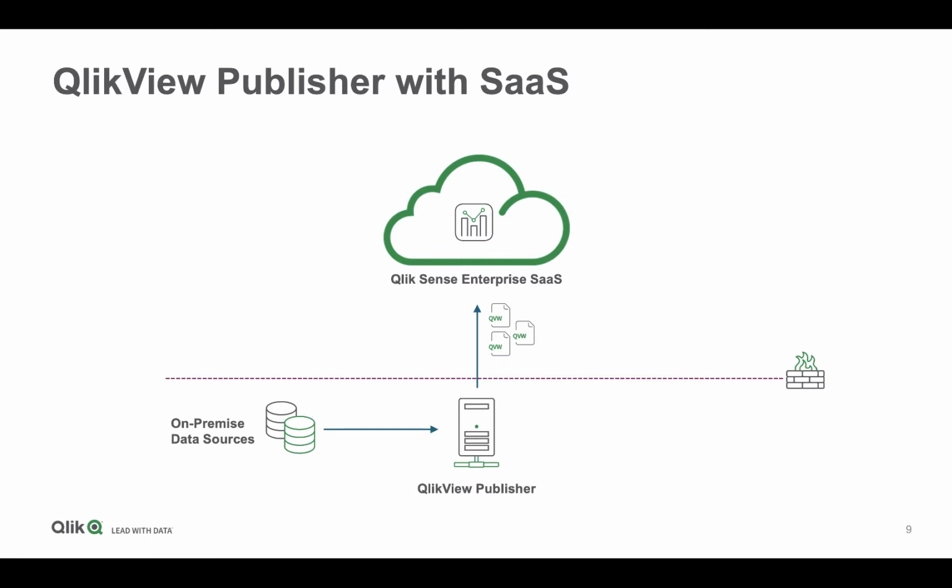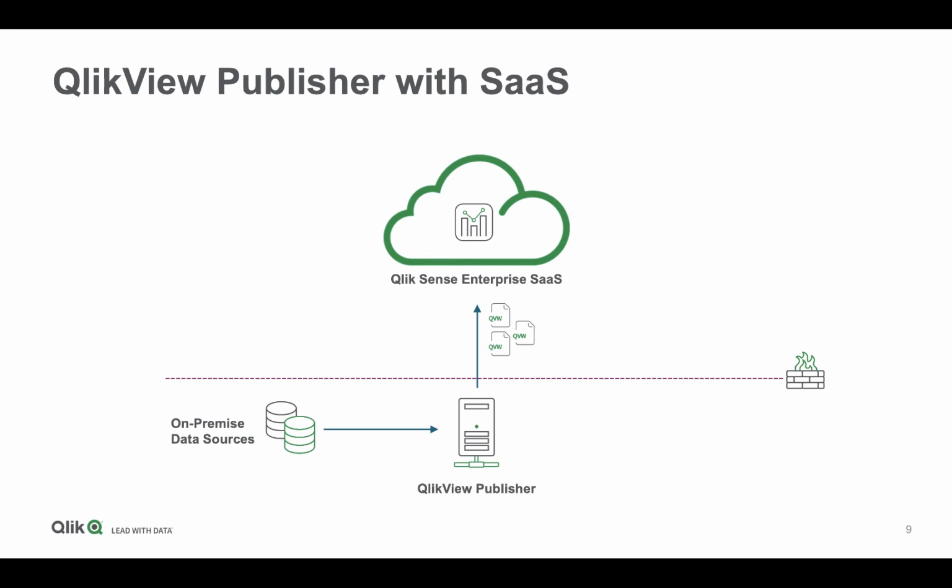Now, if you're unfamiliar with the components of the QlikView on-premise product, there's really two main components. One is called the QlikView Server, and that's not pictured in this diagram, but it's the analytic engine. It's the thing that takes the QlikView applications and displays them and performs all the associative analytics, and your users connect to that for your analytics currently.